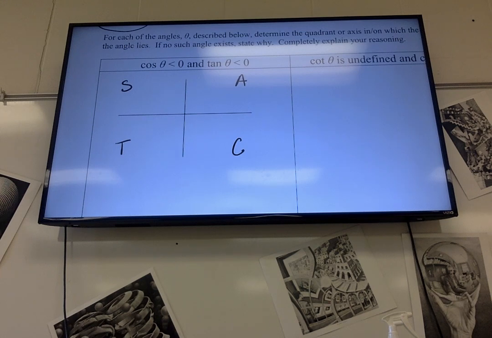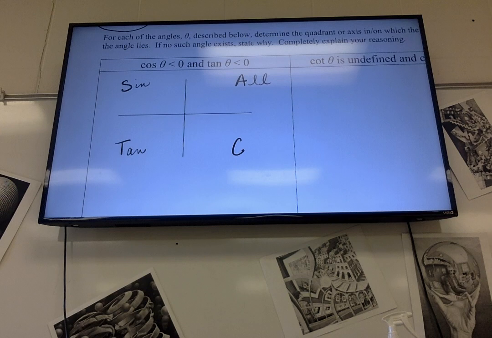So in the first quadrant, they're all positive. In the second quadrant, since it's S, sine and its reciprocal, sine and cosecant, those go together, because they're reciprocals of each other. So what is T supposed to stand for?